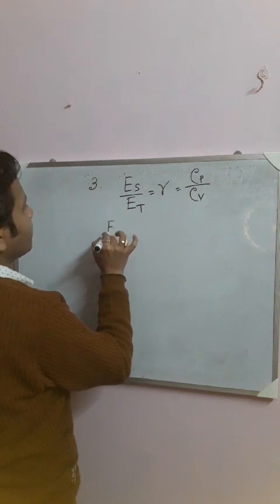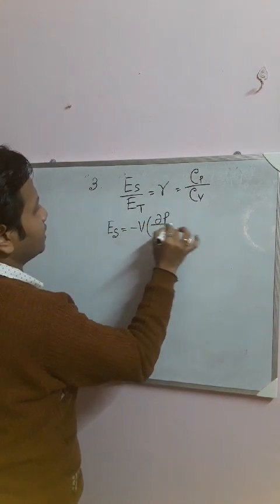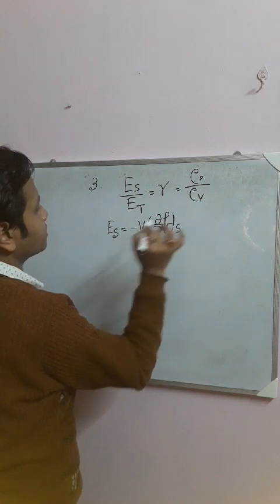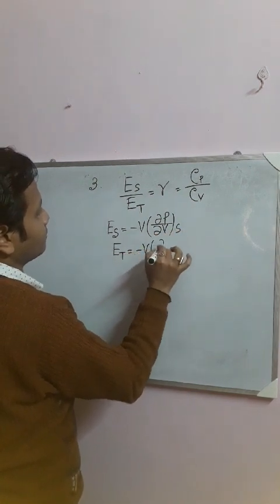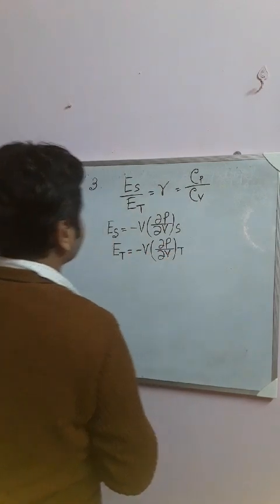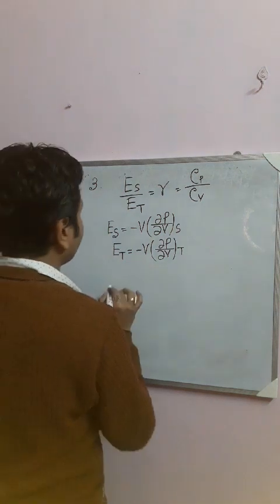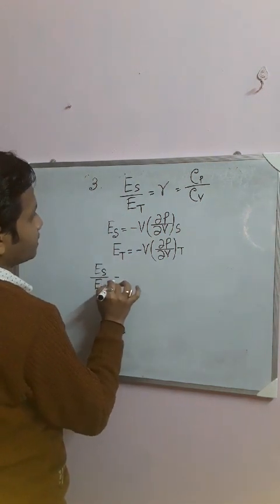You can write adiabatic elasticity as minus V del P del V at constant S, and isothermal elasticity as minus V del P del V at constant temperature. Fine. So what would be my Es by Et? Just do it: minus minus cancel.